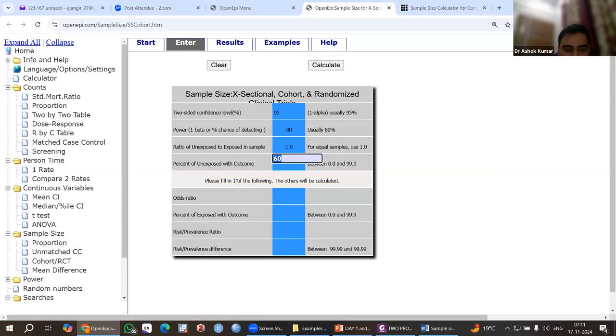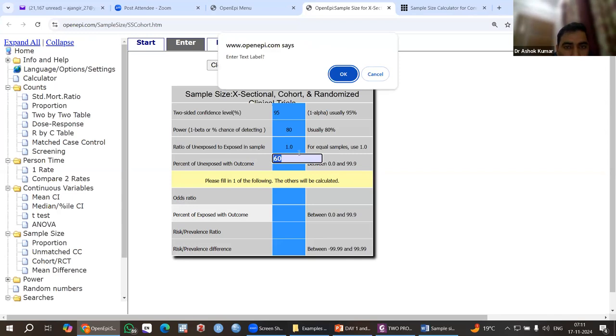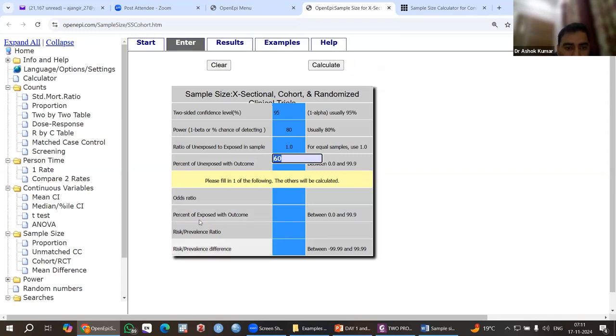Then please fill in one of the following; the others will be calculated automatically. We don't have the odds ratio, the risk ratio, or the risk or prevalence difference. We just have the percentage of exposed with outcome. What does that mean? The control is one group, and this is the intervention group.